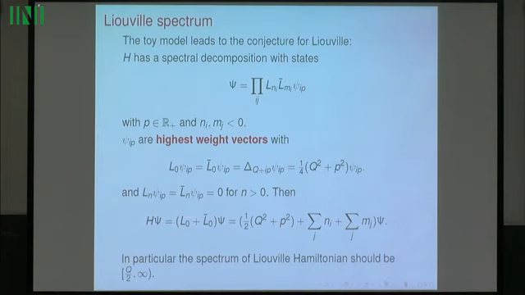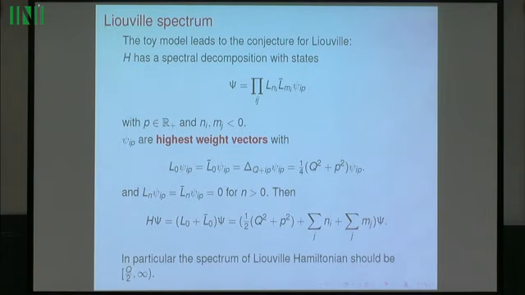There are these two Virasoro algebras, and for all the states you should have something like the following. You should have states and their descendants, where you act with these Virasoro generators, like I was explaining in the free field case. And you should have highest weight vectors, just like in the free field case. The Hamiltonian acting on any such state will be given by whatever comes at the state P, and then something from the descendants.